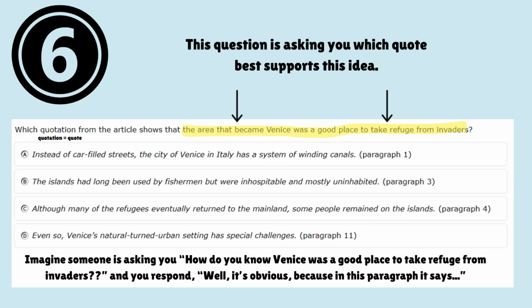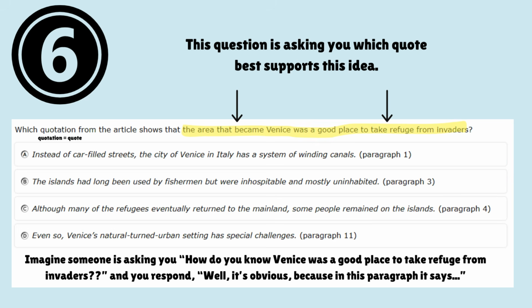Okay, so we were told in the article that the area that became Venice was a good place to take refuge from invaders, meaning that people who were running from invaders would escape to Venice and hide out there. And that was ultimately the beginning of the city: people would hide out there, and eventually it became a city in its own right.